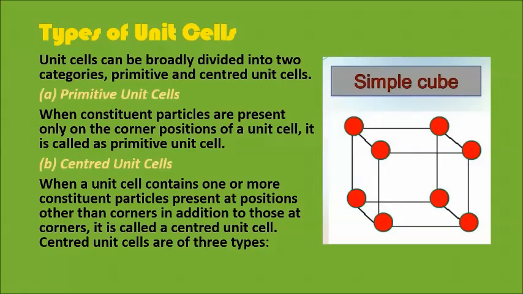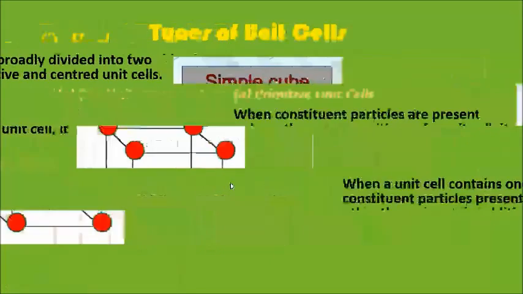Along with these 8 corners, the constituent particles are present at different positions, and we can classify them into 3 types. So centered unit cells are classified as 3 types. The first one is the body centered unit cell.